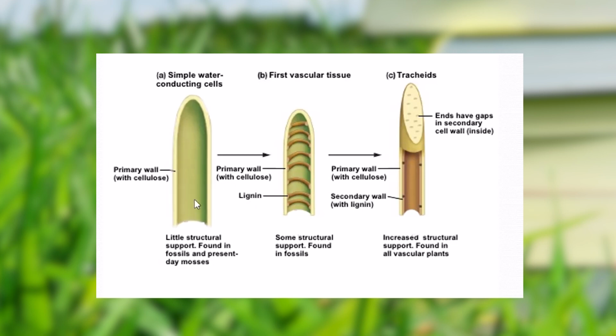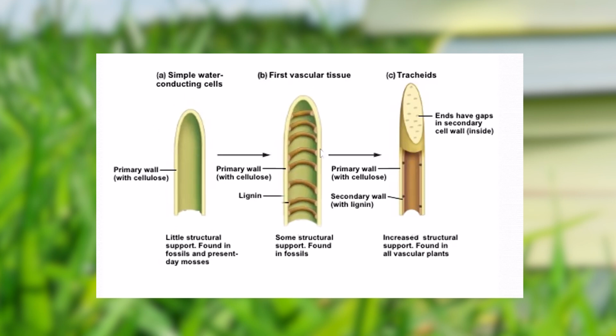This was the case of the water conducting tissue in the primitive plant. This is the simple water conducting tissue. It only has a single primary wall, and this primary wall is formed of cellulose. This was giving little support to the plant. Slowly, along with this primary wall, some rings of lignin were seen.